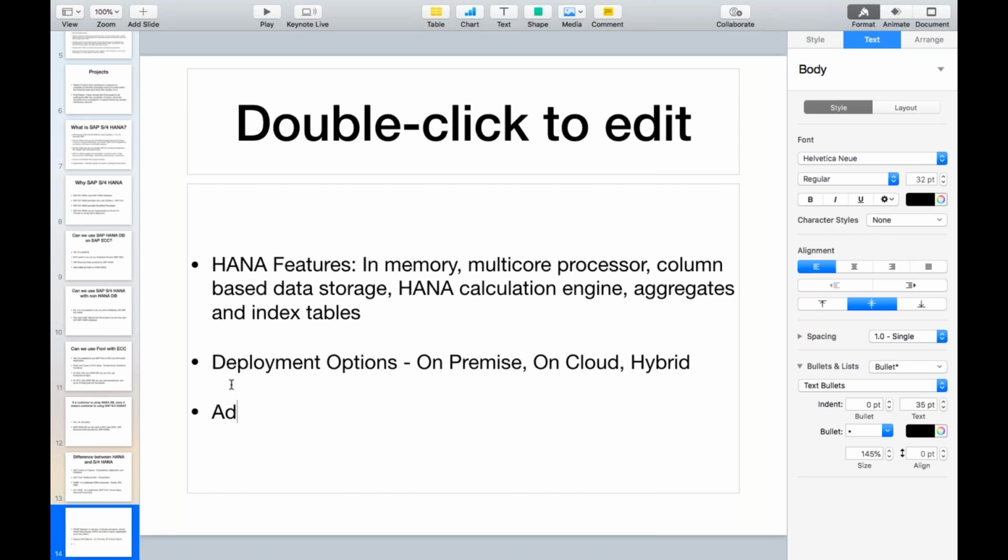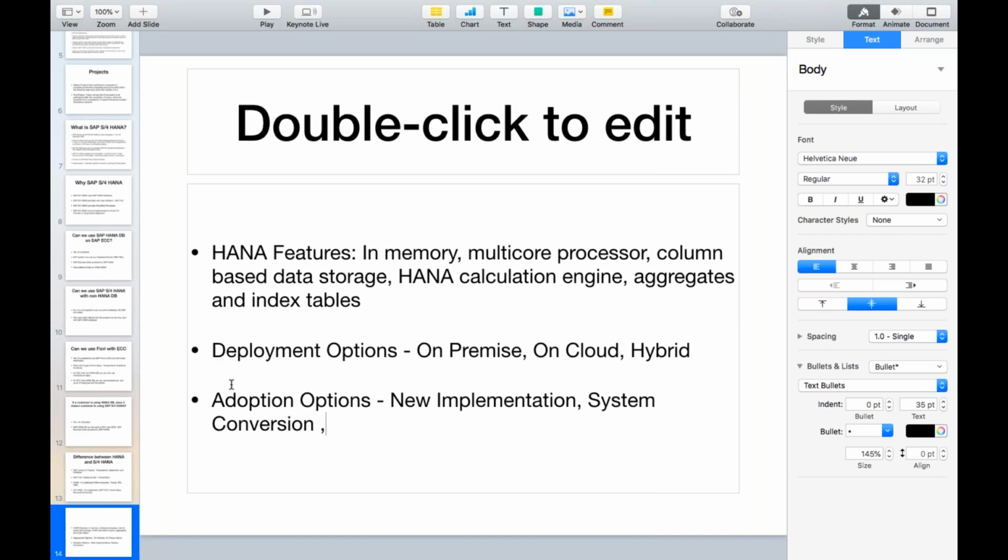Finally, we will discuss the adoption options. Adoption options means you will want to go for a new implementation, or the system conversion, or the last one is landscape transformation. This landscape transformation is also called selective data migration.